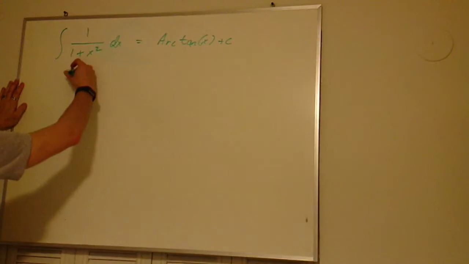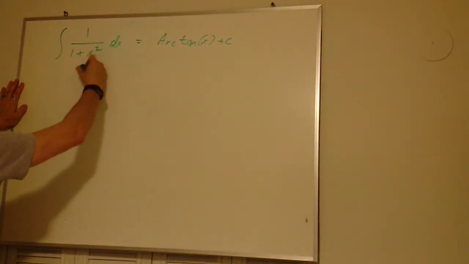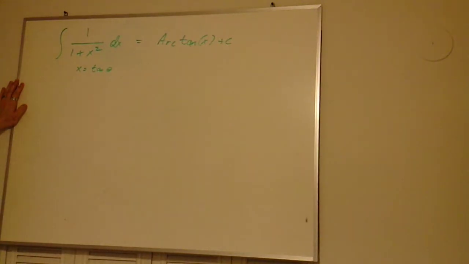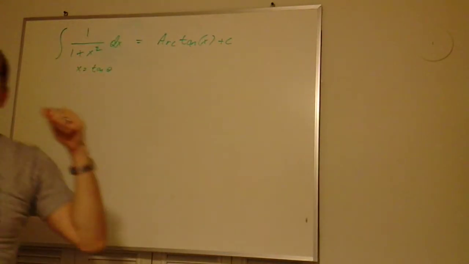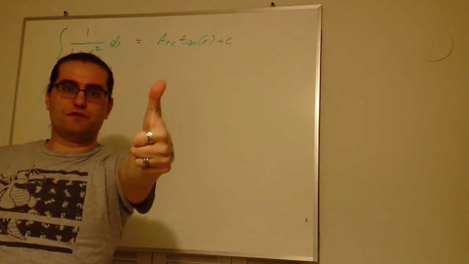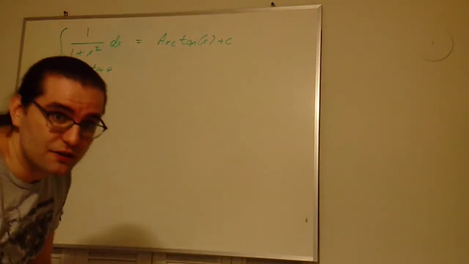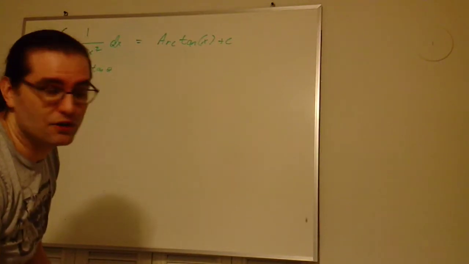And you can discover this for yourself if you do this substitution where you set x equal to the tangent of theta. If you would like to finish this substitution to go from here to here, go for it. I approve this plan. Let me know how it goes. I'm not going to do that because I don't want to.